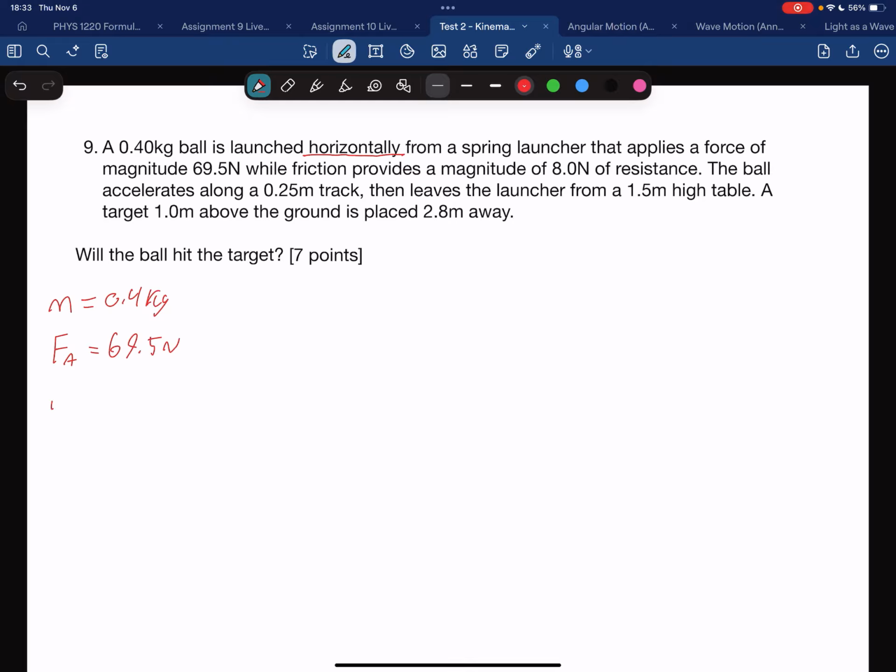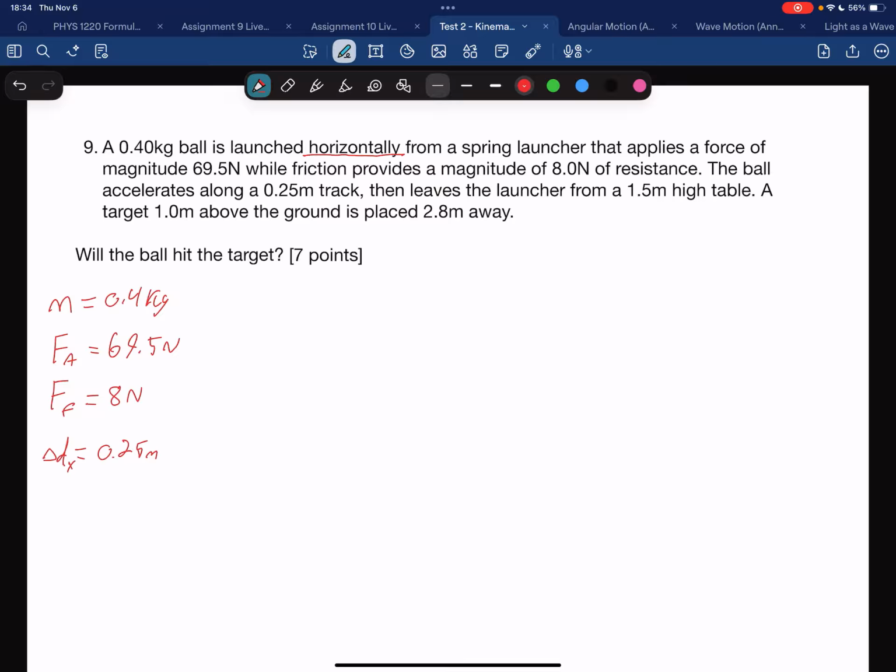While friction, okay, so I have a force of friction, provides a force of magnitude 8 newtons of resistance. The ball accelerates along a 0.25 meter track. So I will say delta D equals 0.25 meters. Excuse me. I will say x.